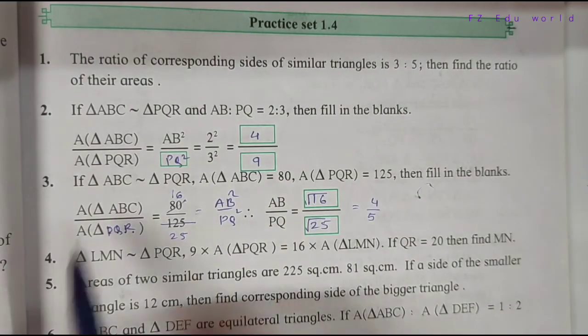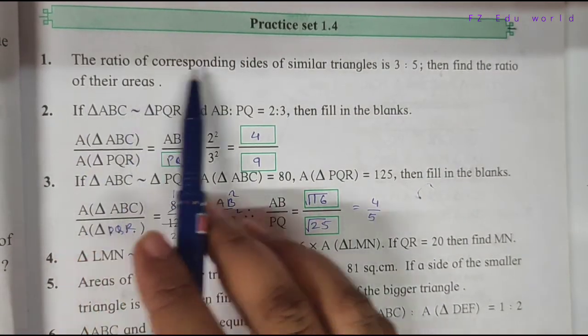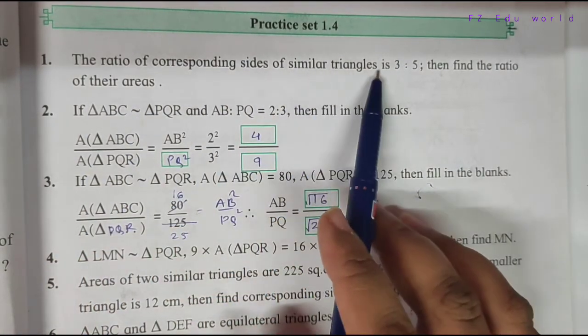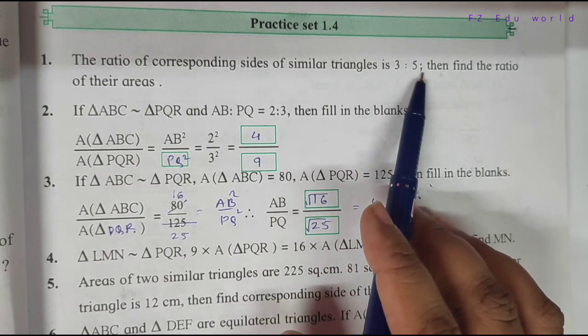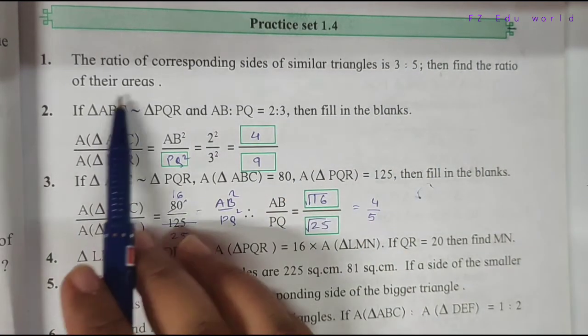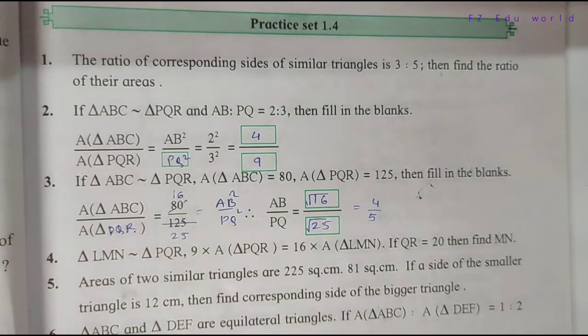Now practice set 1.4. The ratio of corresponding sides of similar triangles is 3:5. Then find the ratio of their areas.